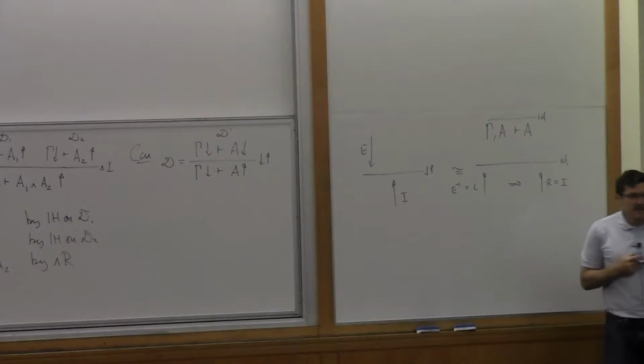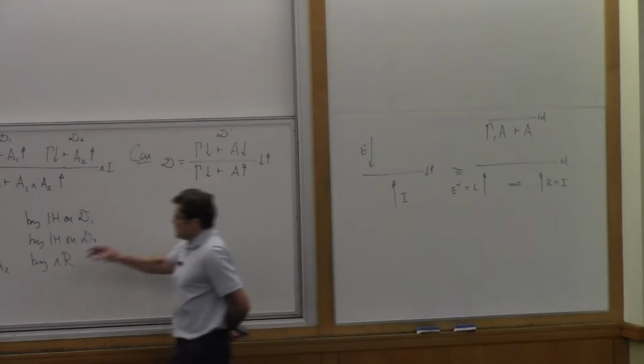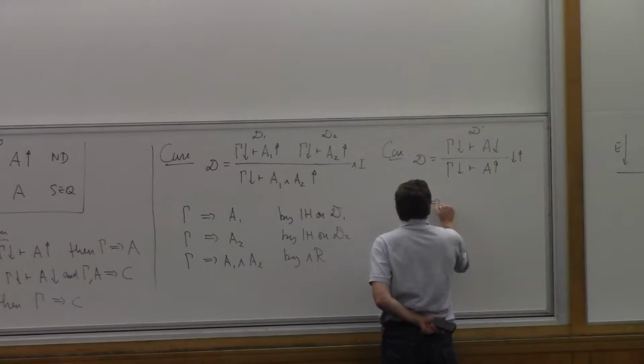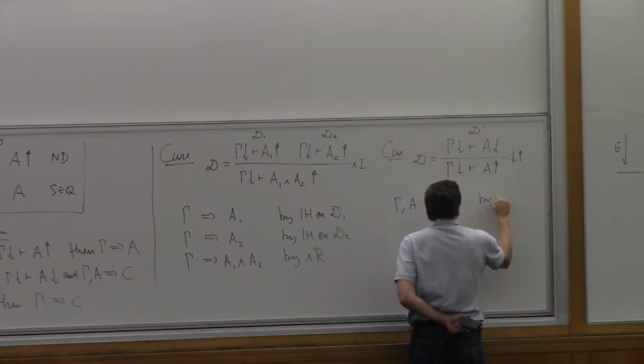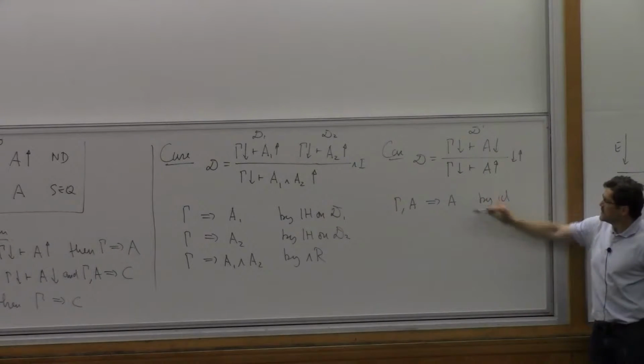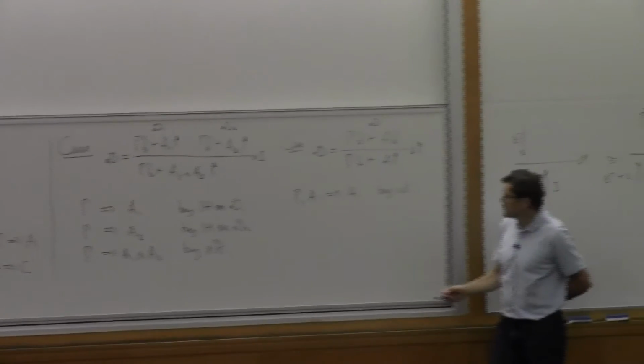Which is called the variable rule in natural deduction. We call it the identity in the sequent calculus. So we should use the identity rule here. Then we have gamma comma A proves A by the identity rule. Okay, so now we have that, and we have this. Now we can apply the induction hypothesis to this derivation together with that. And what do we conclude?